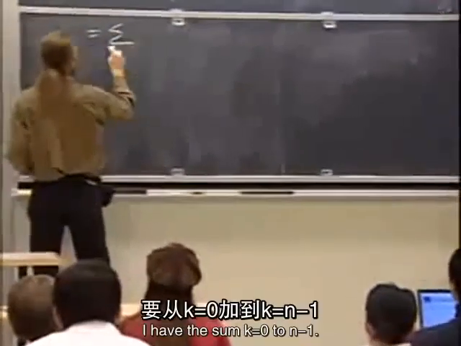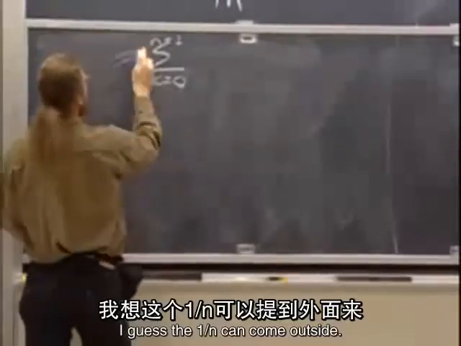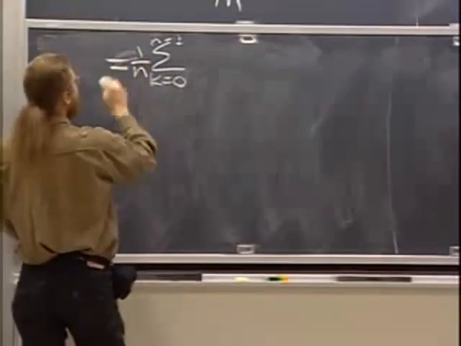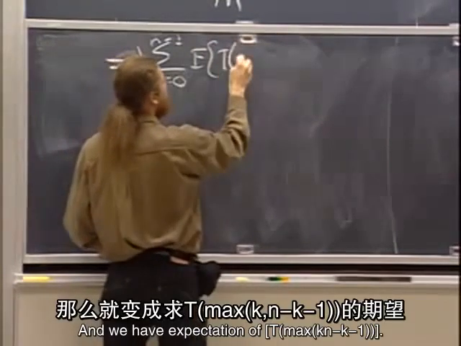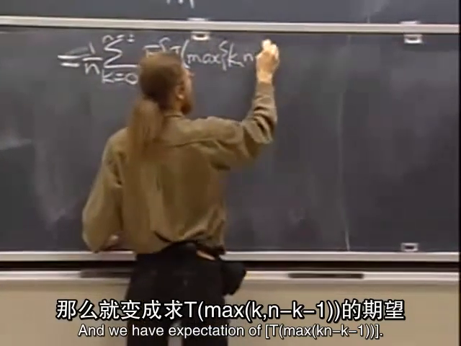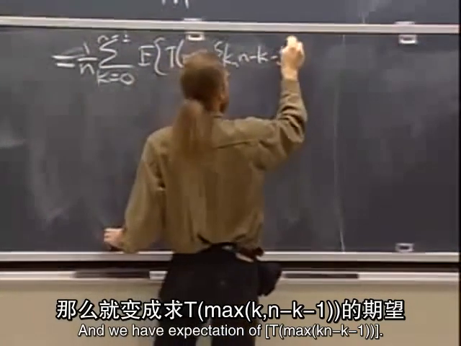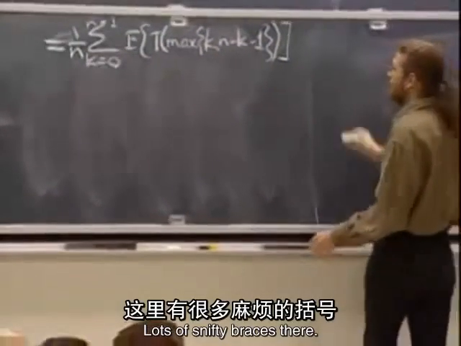Okay, so we have the sum k equals 0 to n minus 1. I guess the 1 over n can come outside. And we have the expectation of T of max k, n minus k minus 1.